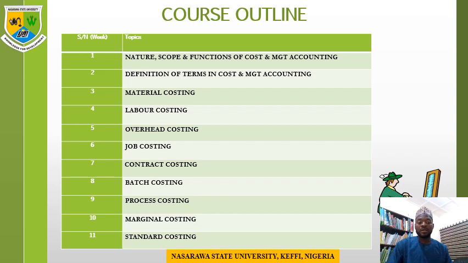Now, by way of introduction, I will generally look at these topics and briefly introduce them to us. The nature, scope, and function of cost and management accounting. We all understand what functions cost and management accounting plays in an organization, and the function is to be able to maintain and manage the costs associated with that particular organization in a given period of time, because there is no way you will involve in doing business activities without incurring cost.